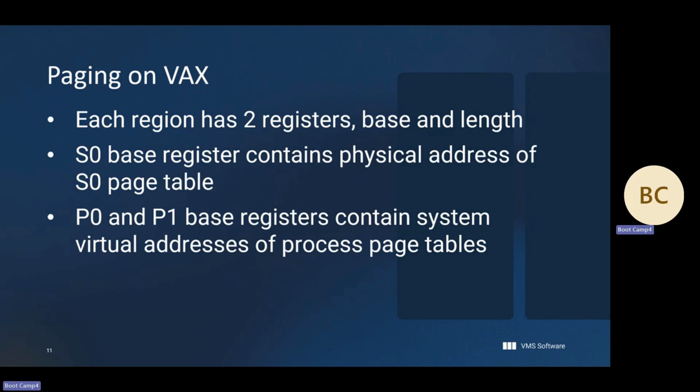They contained virtual addresses within system space. System space, and it's still true today, S0 space starts at the low end and grows towards the highest address. That's because of the base and length registers way back in VAX. Process P0 is the same thing. It starts at address 0 and goes to higher ones. P1 is backwards. It starts at the high end and then grows towards 0.